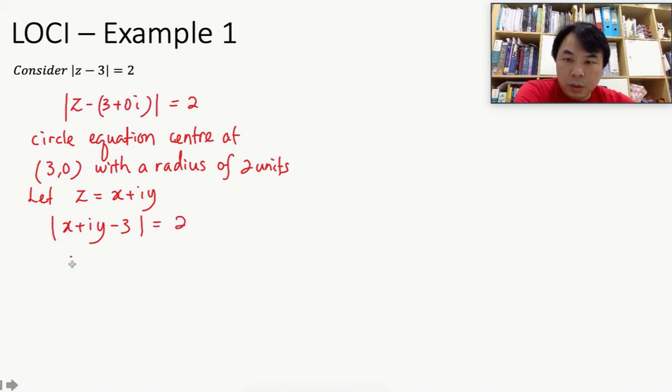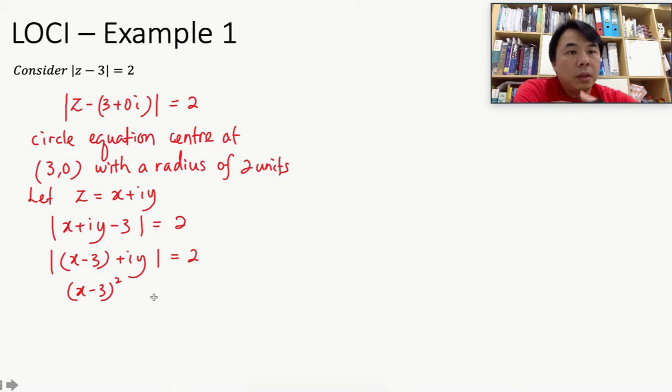From here, we are going to collect all the real components together and then all the imaginary sections on the other side. And then finally, we can generate the Cartesian equation that represents this complex equation. That is given by x minus 3 squared plus y squared equal to 2 squared here.